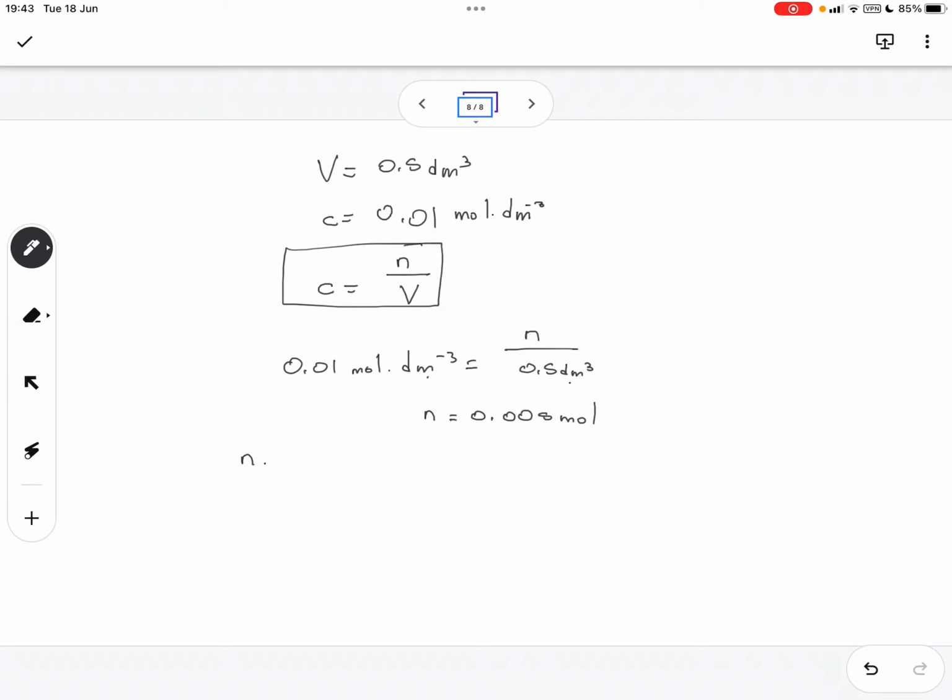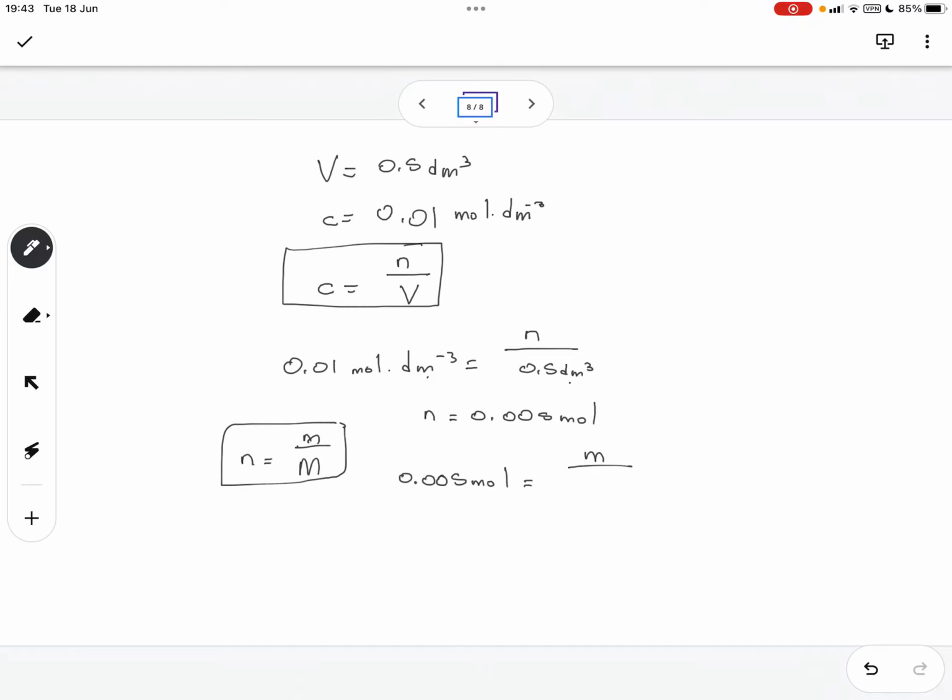And then the number of moles equals the mass divided by the molar mass. That means 0.005 mole equals m divided by the molar mass.